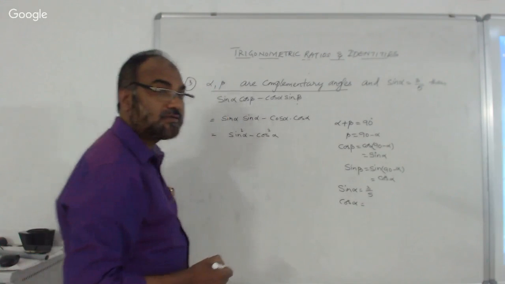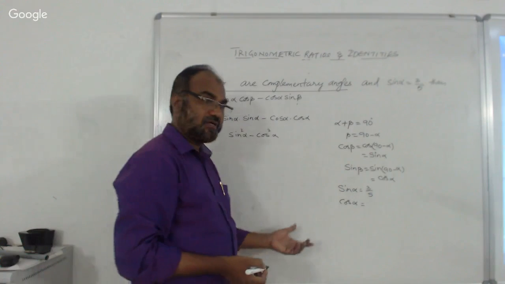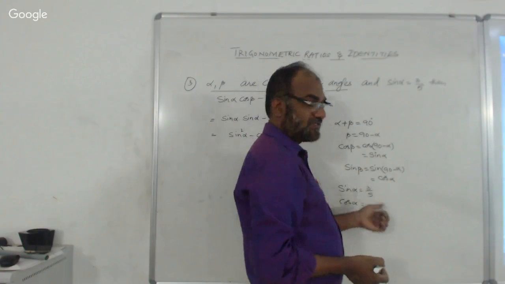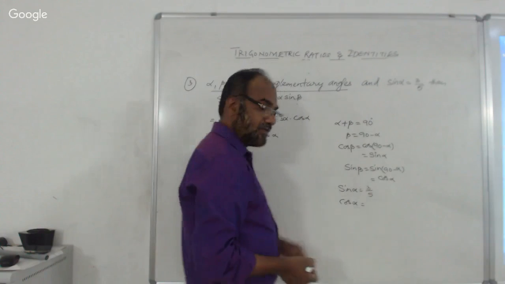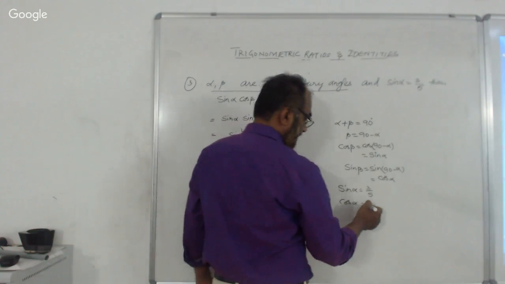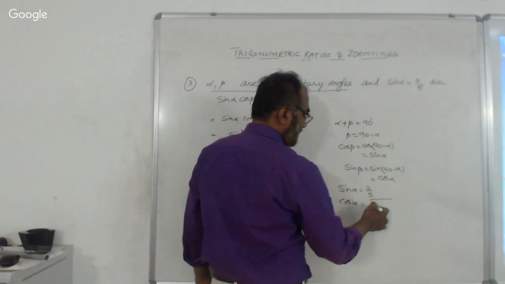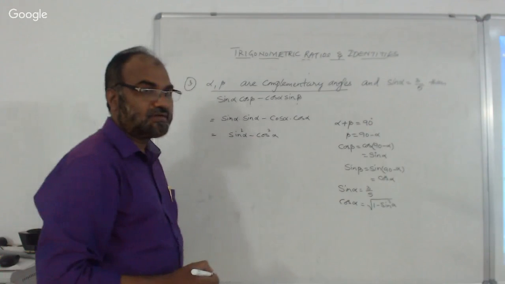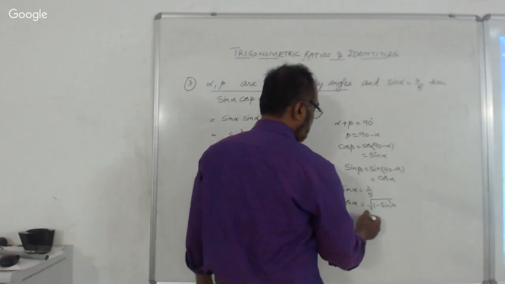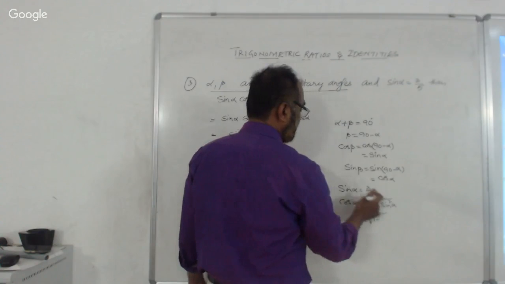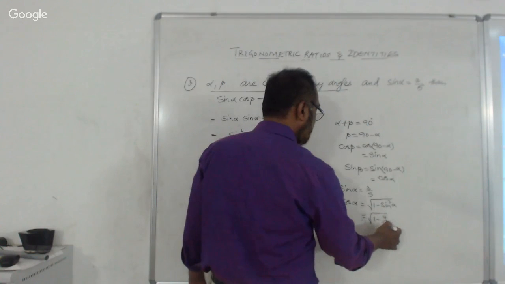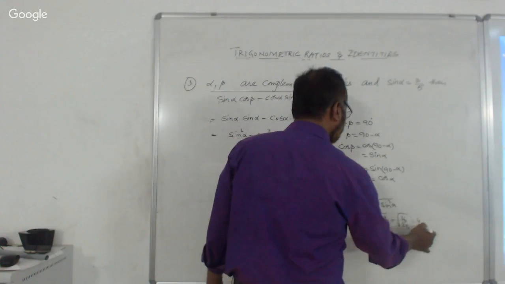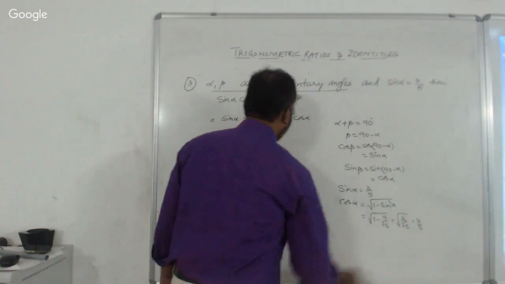You can take a right angle triangle and apply Pythagoras theorem, or use the identity: cos alpha is under root of 1 minus sin square alpha, which is under root of 1 minus 9 by 25, that is 16 by 25, which is 4 by 5. So cos alpha is 4 by 5.